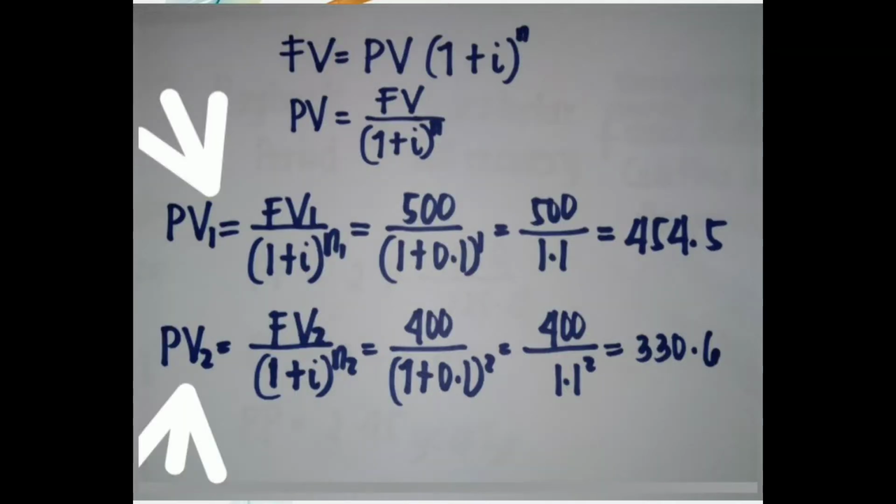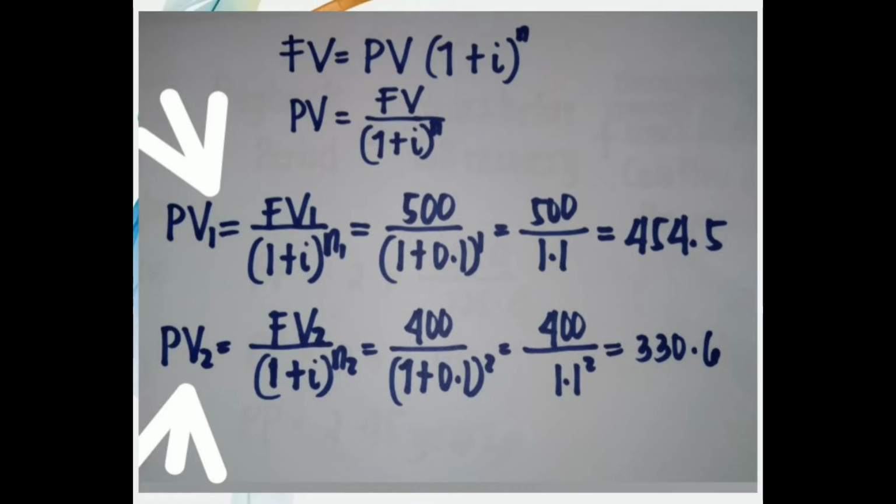It is 0.1 because our rate of interest is 10%, so we divide it by 100: 10 divided by 100 is 0.1. So, 500 divided by 1.1 is 454.5.